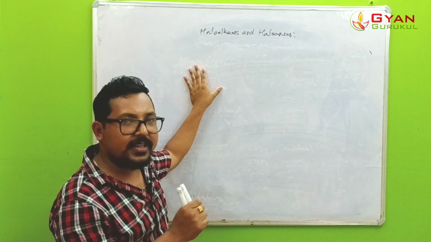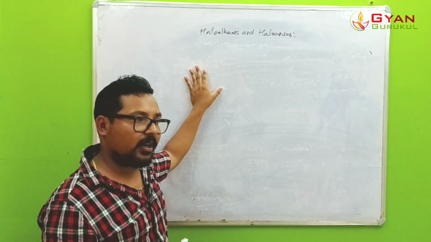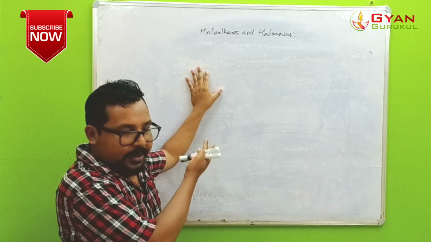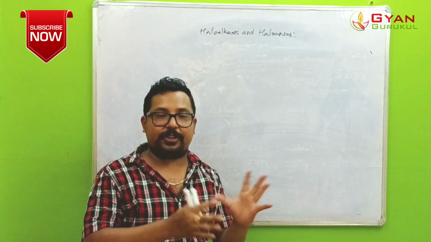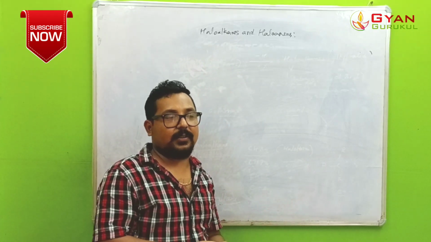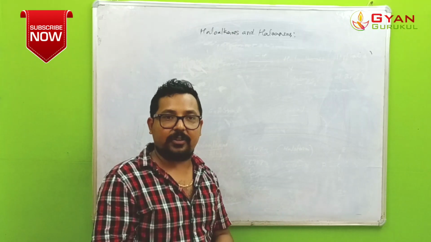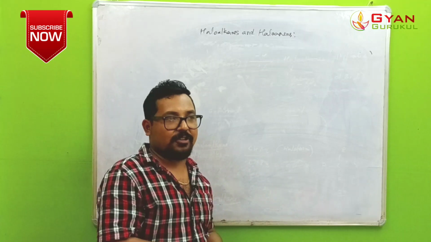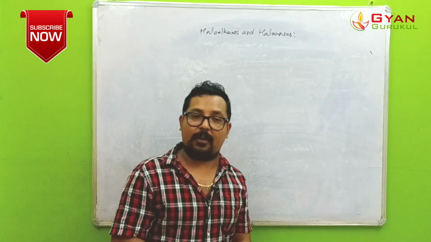But I will not teach nomenclature, because nomenclature is a different part, and you have already studied nomenclature in class 12 in NCERT. I'll just teach you the types and classifications of haloalkanes and haloarenes.